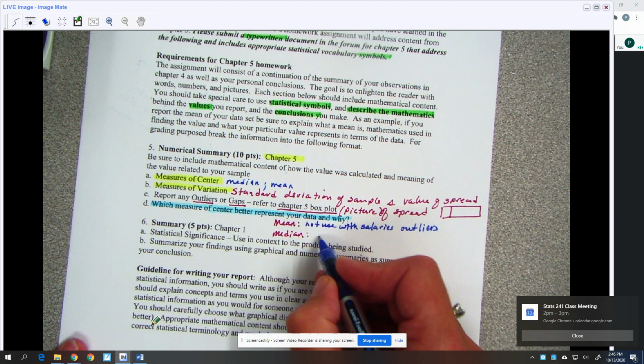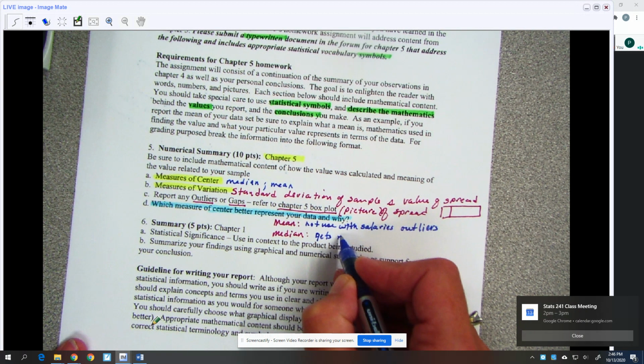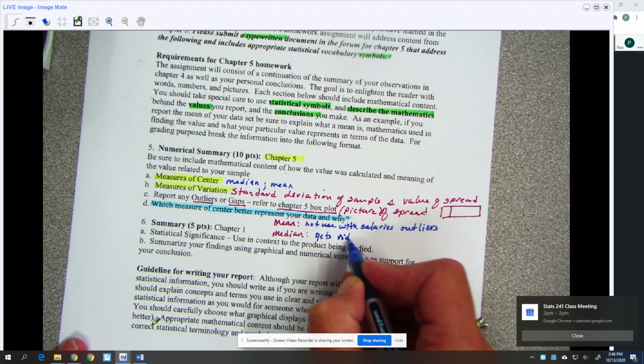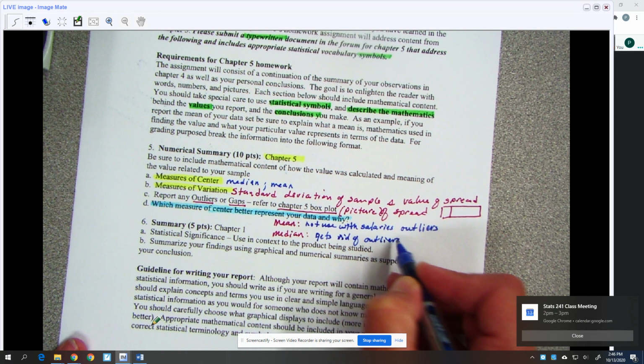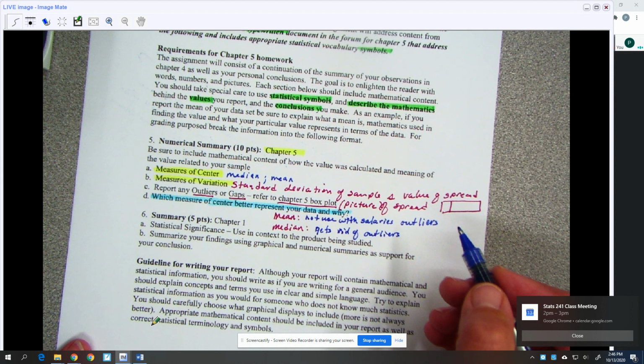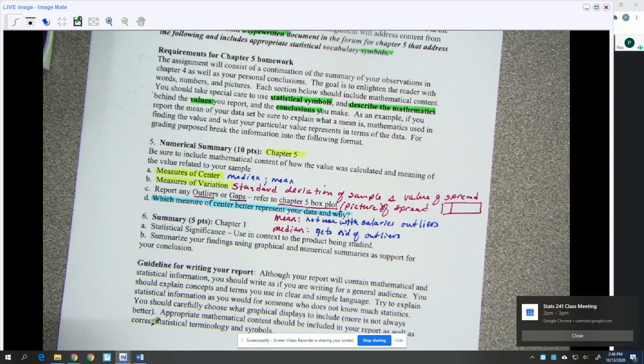The median gets rid of outliers. So, in a nutshell, if I have an outlier, which measure should I use? If I have an outlier, which one should I use?